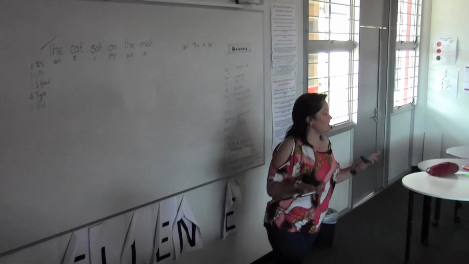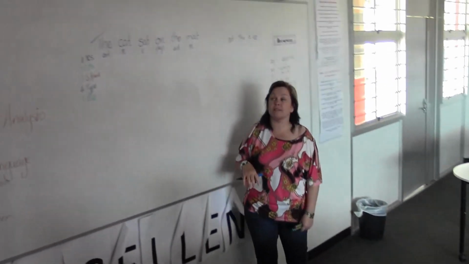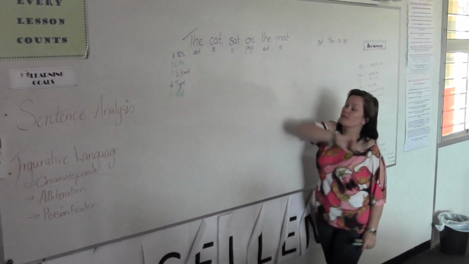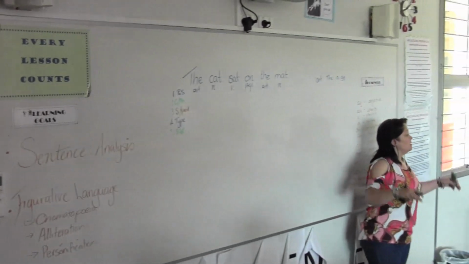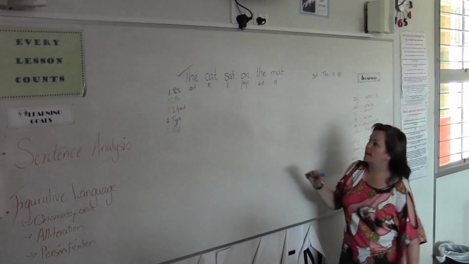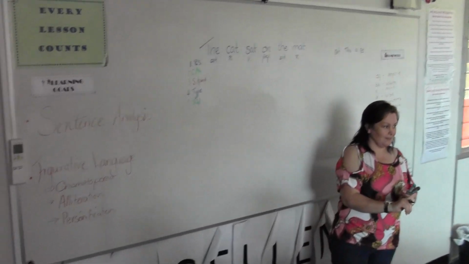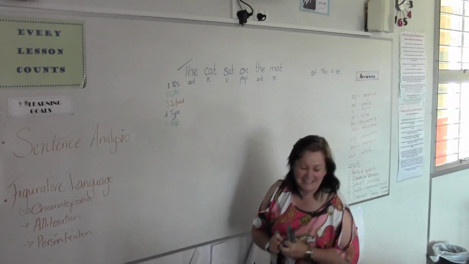Okay, which ones did you find difficult? Preposition, usually the ones that are the hardest, so that's fine. So think of position, when somebody sits on something, it's a preposition. All right.